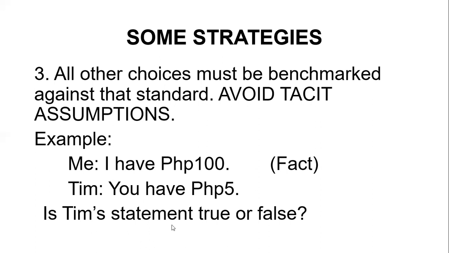But if he said, sir, you have 101 pesos, that's already false. That's why maybe those who answered false assumed that there is the word only. But if it's you have 5 pesos only, then that's false. So be very careful. Avoid tacit assumptions.